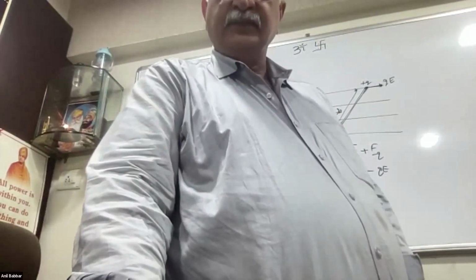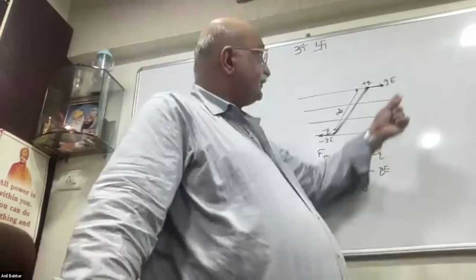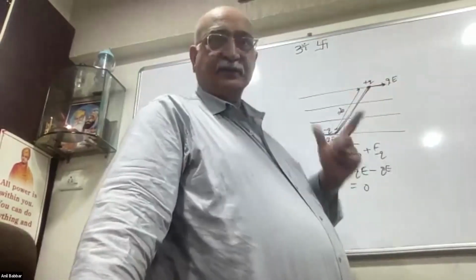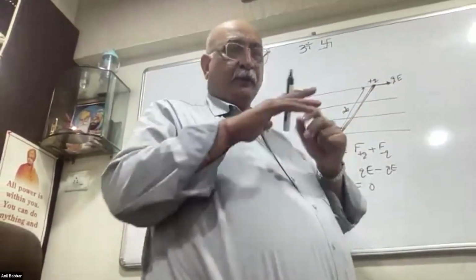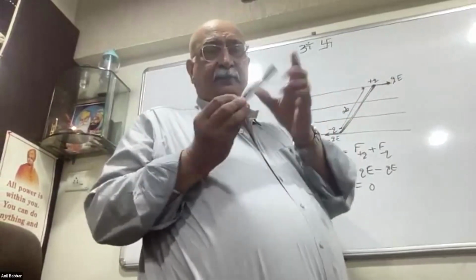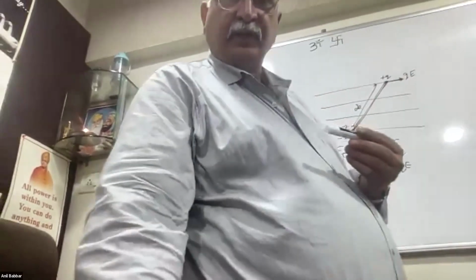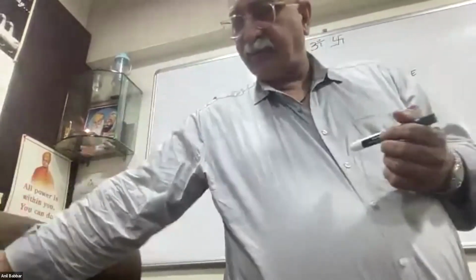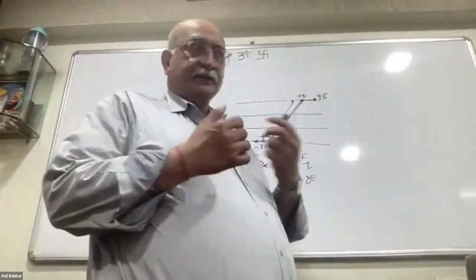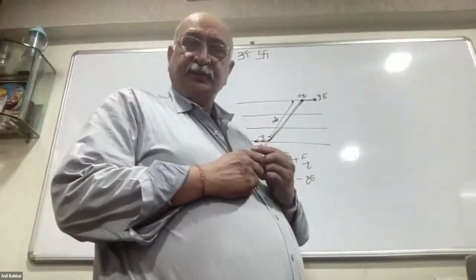As these two forces are equal and opposite, they form a couple. They will rotate this dipole like this. They are creating the torque on it. So torque will be either force into the perpendicular distance between the two forces.